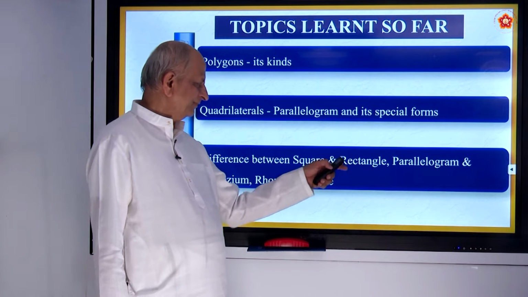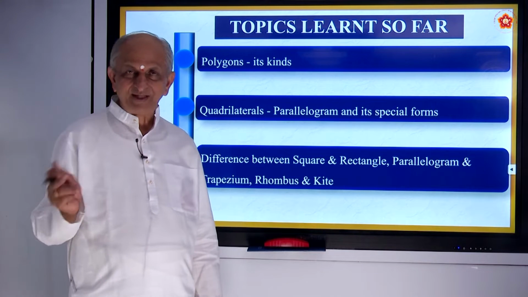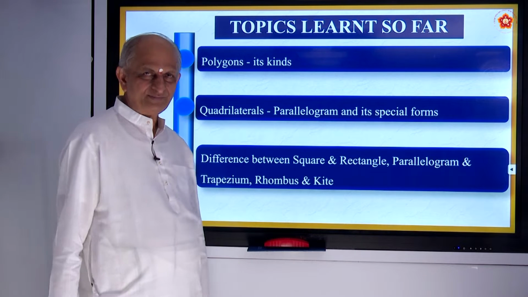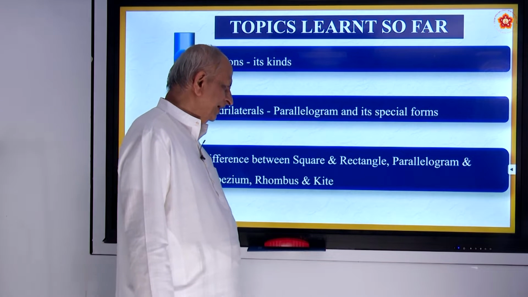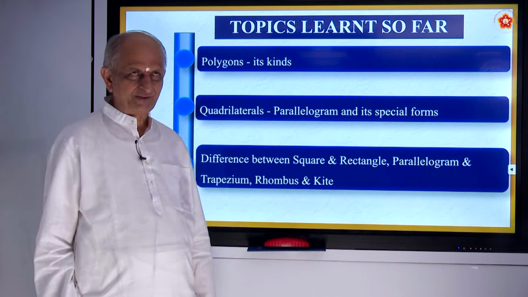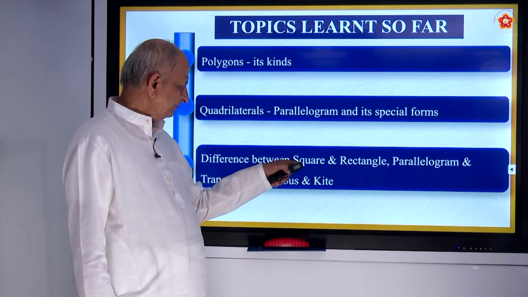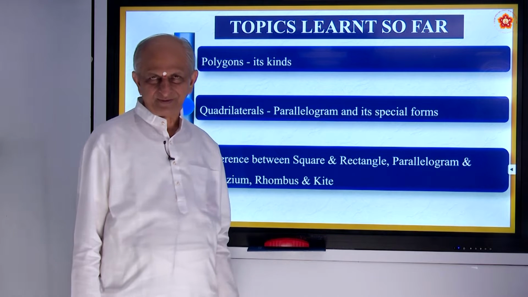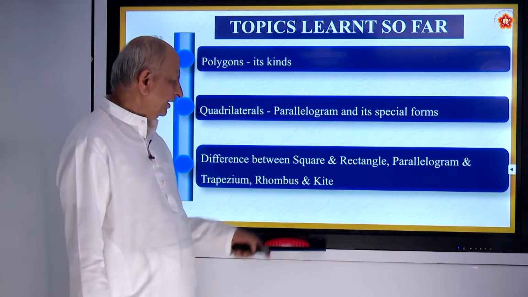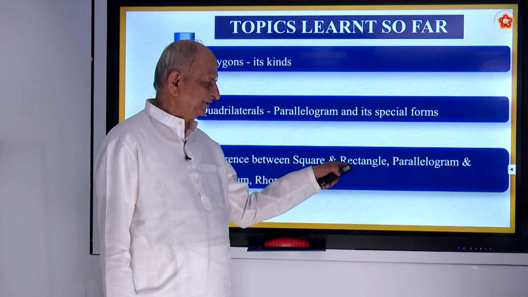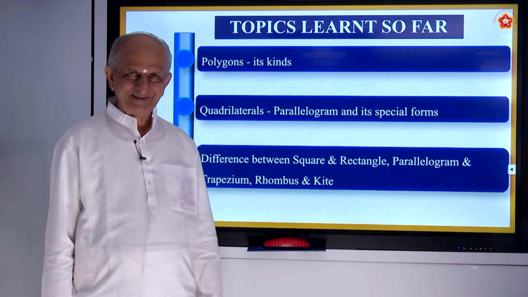Whereas in rectangle, opposite sides are equal and parallel, correct? And the 2 diagonals bisect each other but not at right angles. So, difference is here diagonals bisect at right angles, but there diagonals do not bisect at right angles, number 1. Number 2, here all the sides are equal, but there opposite sides are equal, correct?